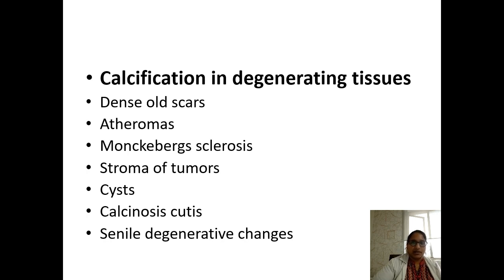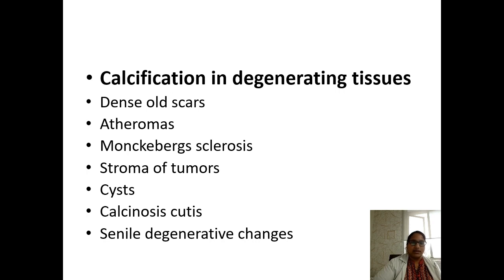So calcification can be in the dead tissues or in the degenerating tissues. Calcification in the dead tissues can be in liquefactive necrosis, caseous necrosis, fat necrosis, hematomas, infarcts or dead parasites.